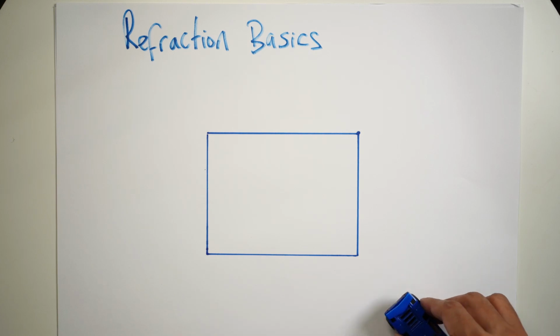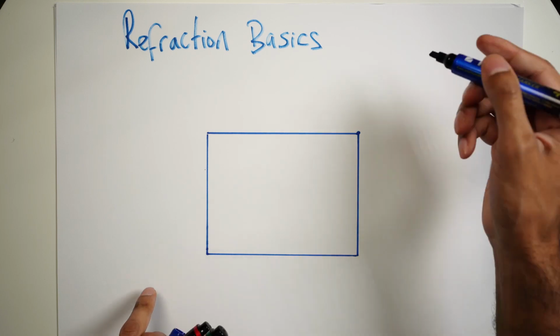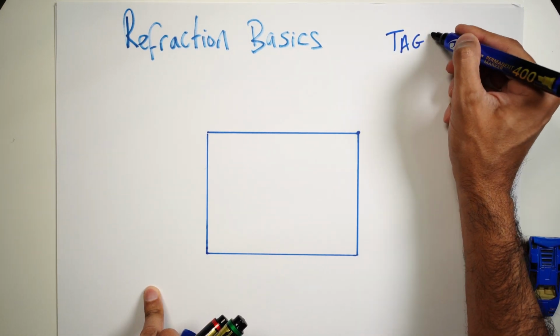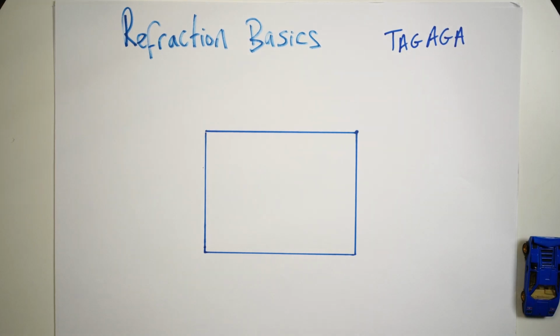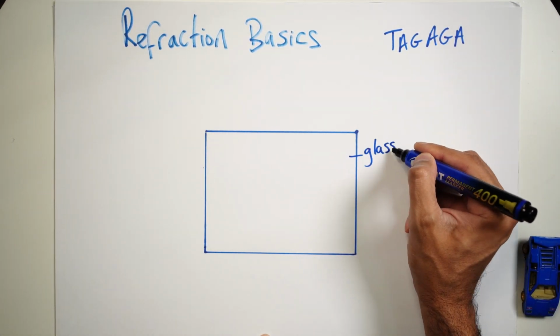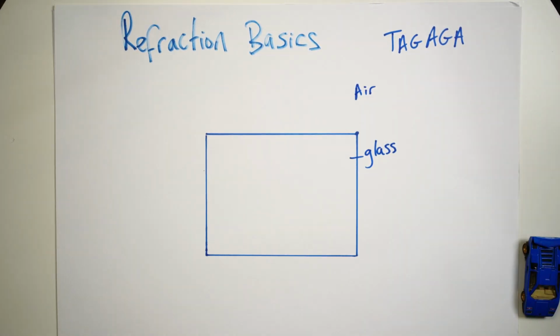Okay, let's draw a few diagrams just to help us. And there's a little thing that I use. It's called TAG AGAR, and I will explain what this means in a moment. Firstly, let's imagine this medium is glass, and over here you've got some air.